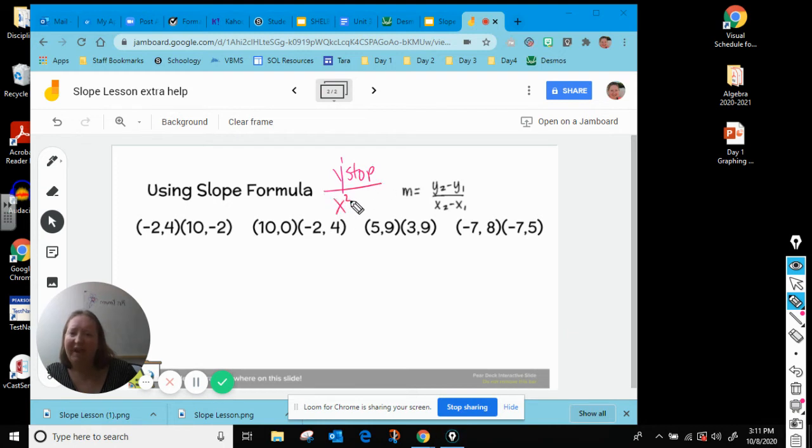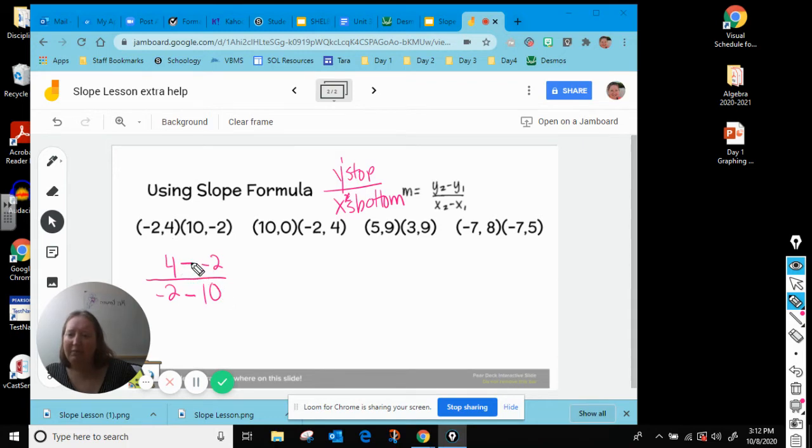You're going to have the x's on the bottom. Okay? You're going to have a fraction bar and a minus in between them. So let's just take those y values. Boom, 4. Boom, -2. Boom, -2. Boom, 10. So I just took the 2 y values and I put them right here. And I took the 2 x values and I put them right here.